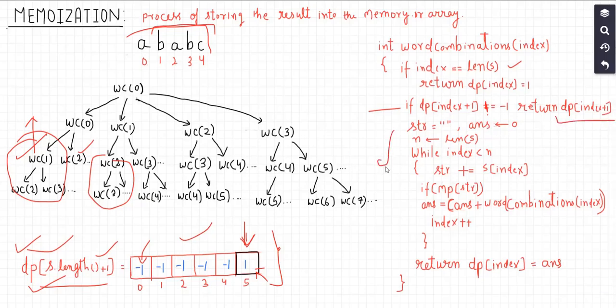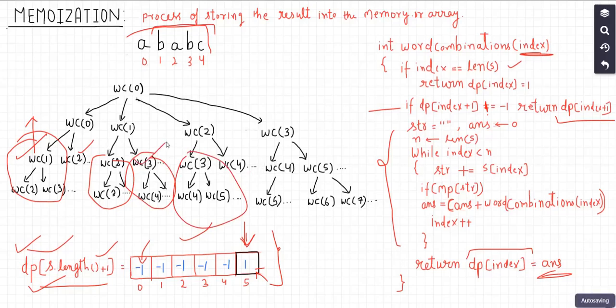Otherwise, I have to make the computations which I made in the previous code. And after I make the computations, I will store that answer for that index in the DP array. Okay, so that will reduce the unnecessary computations which are being done here. WC3, this will be eliminated, and WC3 will be computed exactly once. Same goes for the other indices.